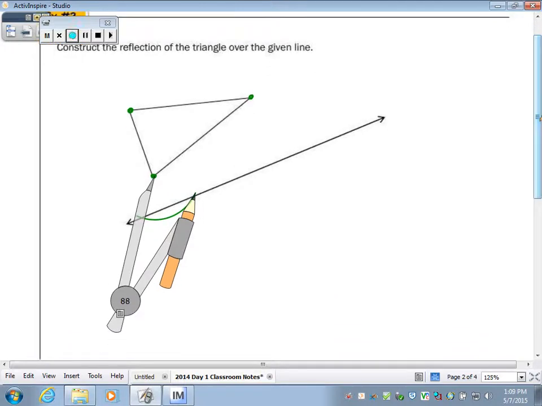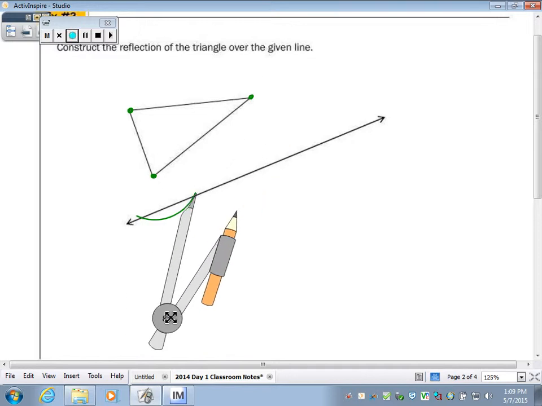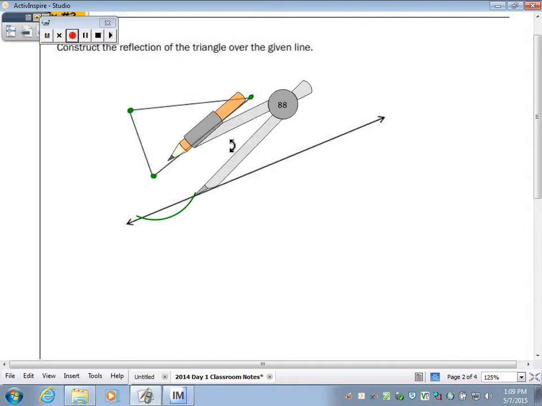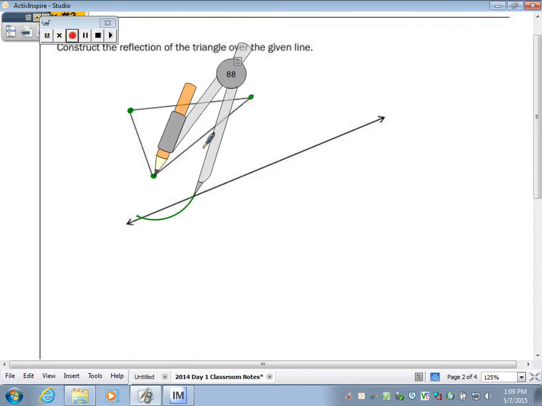Now you may be able to leave your compass setting the same, but now take the compass point, put it on one of your points of intersection, and then put the pencil, it's the same distance, right?